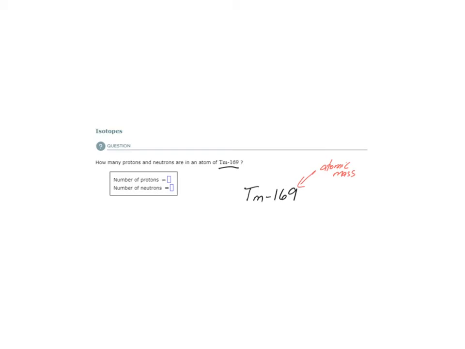So let me ask you, what are the three main subatomic particles of an atom? That would be the proton, the neutron, and the electron. Of these three, which are the ones that contribute significantly to the mass of an atom? That would be the proton and the neutron.